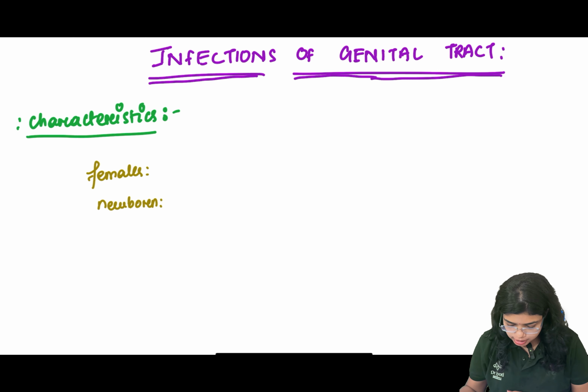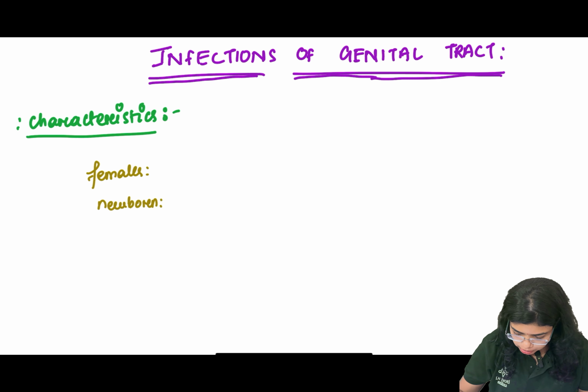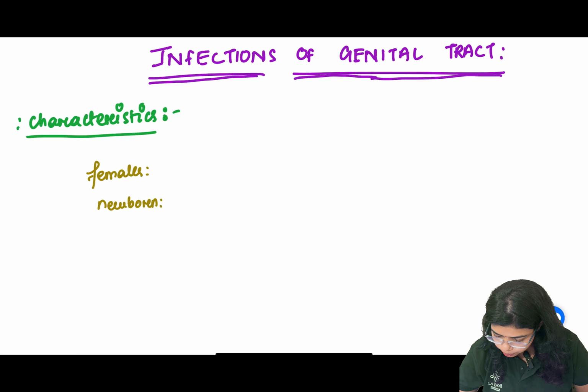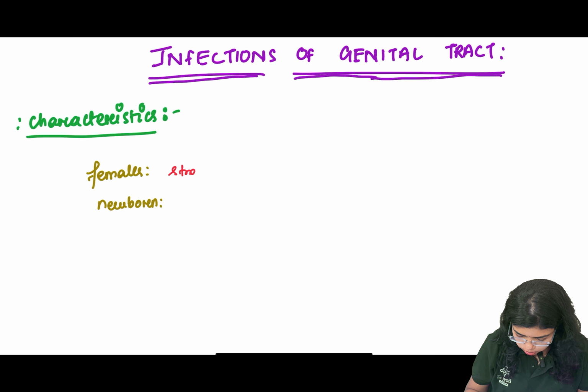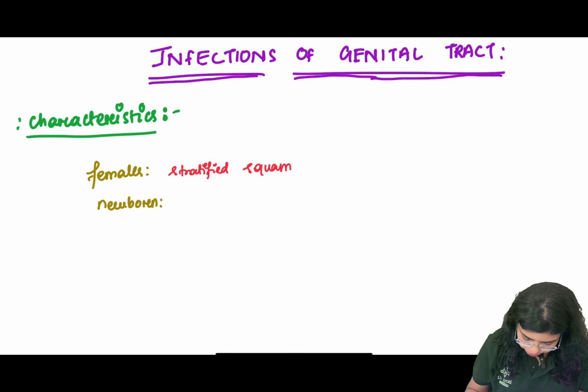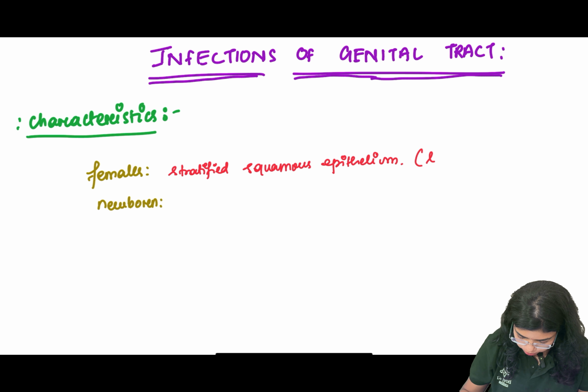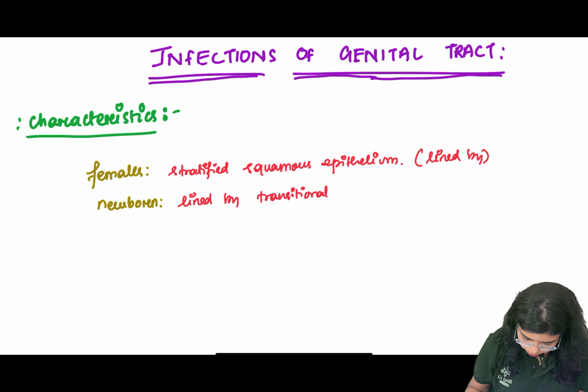In adult females it is lined by stratified squamous epithelium, and in newborns it is lined by transitional epithelium.